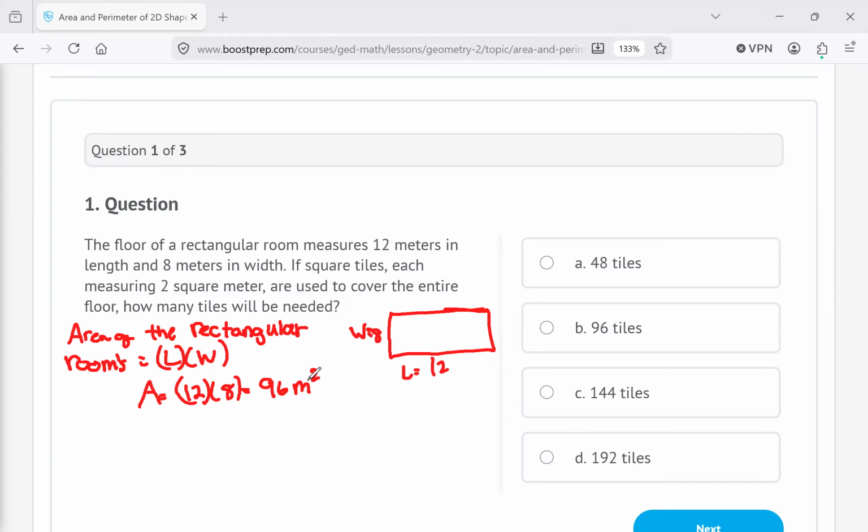Okay. And then it says the area covered by each tile is 2 square meters. They're asking how many tiles are needed. So to find the number of tiles needed, number of tiles equals total area divided by area covered by each tile.